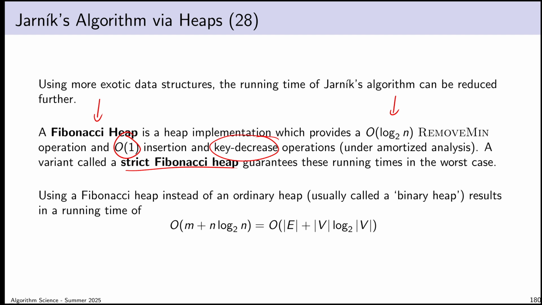So using a Fibonacci heap instead of an ordinary heap, which by the way we call a binary heap, the old-fashioned style of heap we just used, we can get the running time down to this: number of edges plus v times log of v, which we can see might be beneficial in a graph with tons and tons of edges.